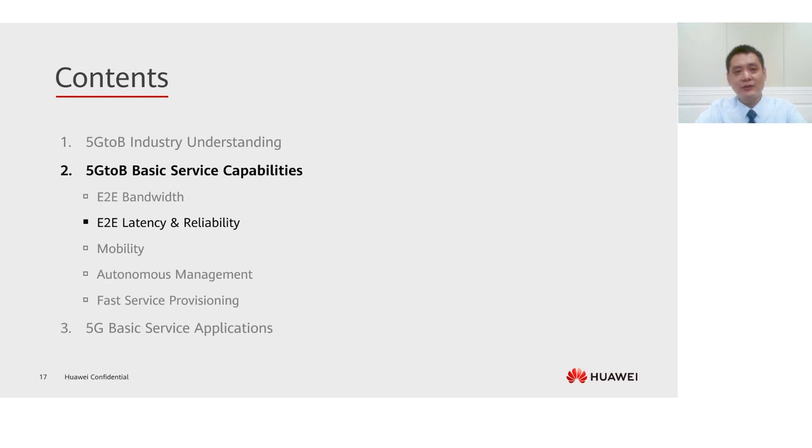Now, let's go to see the second basic service capability, end-to-end latency and reliability. URLLC was introduced in 3GPP Release 15 and enhanced in 3GPP Release 16. 3GPP Release 15 was frozen in 2019 Q1 and 3GPP Release 16 in July 2020. 3GPP Release 15 defines the basic URLLC functions.